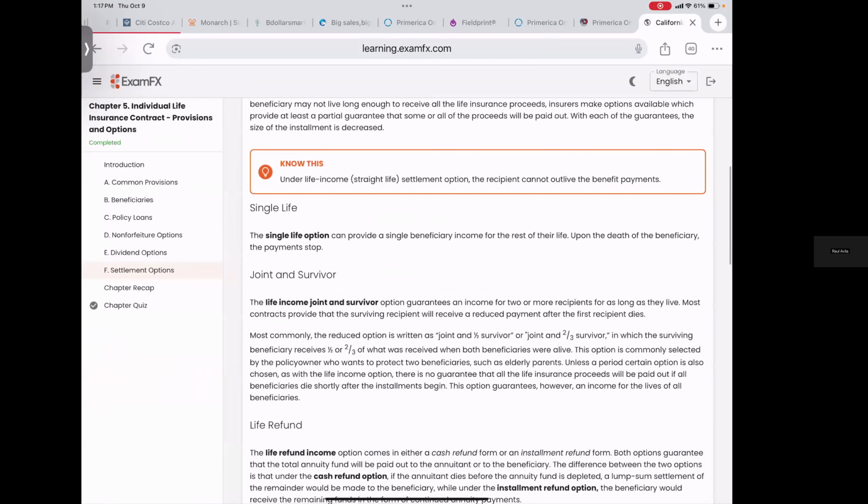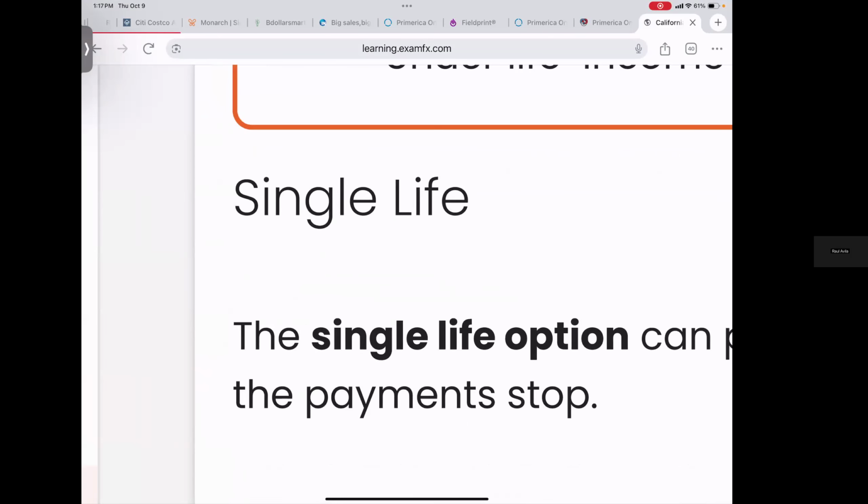I don't want to confuse you, but single life pays income for life. But what if they only live one year? If they live one year, the income stops. And what happens to all the extra money? Because there's still money left over after one year. It goes back to the insurance company.